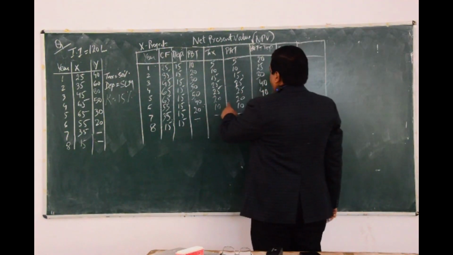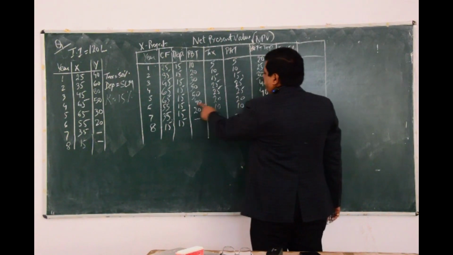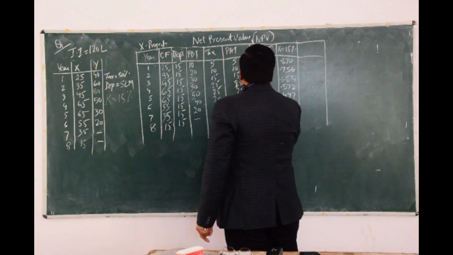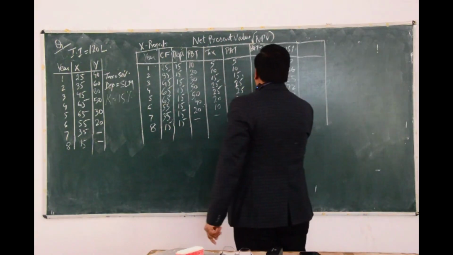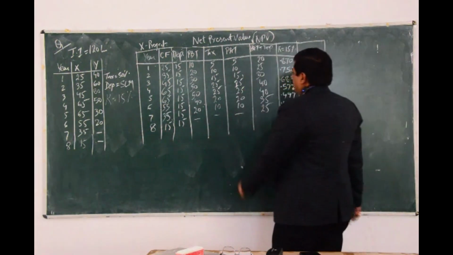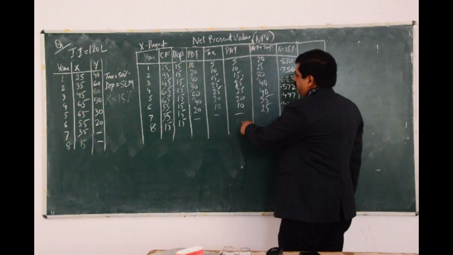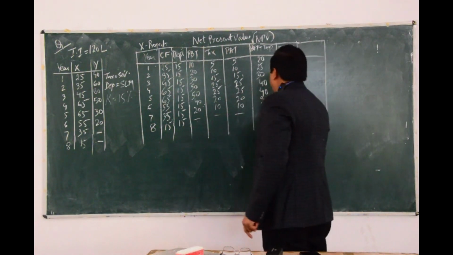Then in the sixth year it is 20 and 15, 35. Then in the seventh year 10 and 15, 25. And in the eighth year 0 and 15, it will be 15.